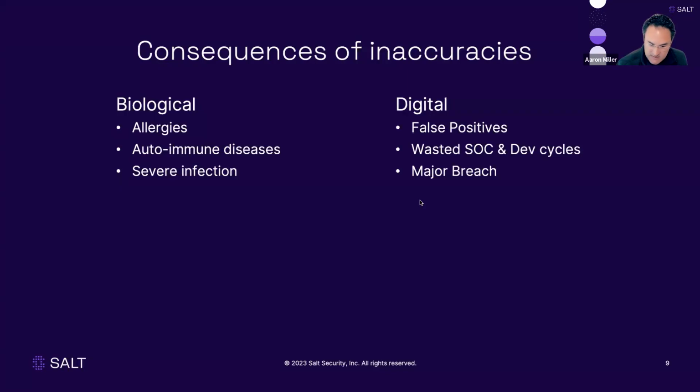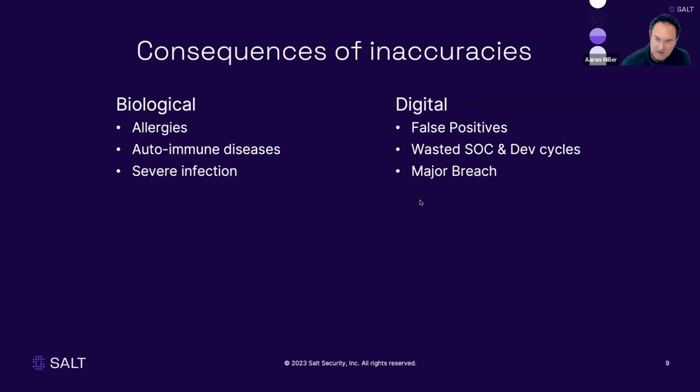And likewise, if you're not picking up the actual attack, a false negative, then you've got a major breach on your hands. And maybe it's to the tune of many millions of dollars, a lost reputation. You have big problems to solve. So there are consequences to not being able to accurately determine an attack from a non-attack.